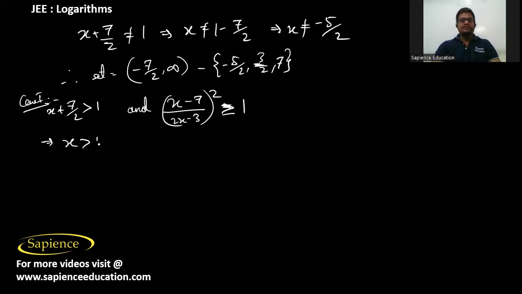So this means x should be greater than 1 minus 7 by 2. It means x should be greater than minus 5 by 2, and we have to take the intersection.